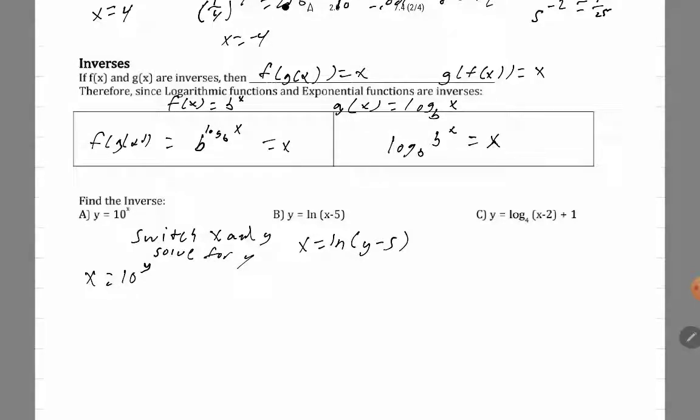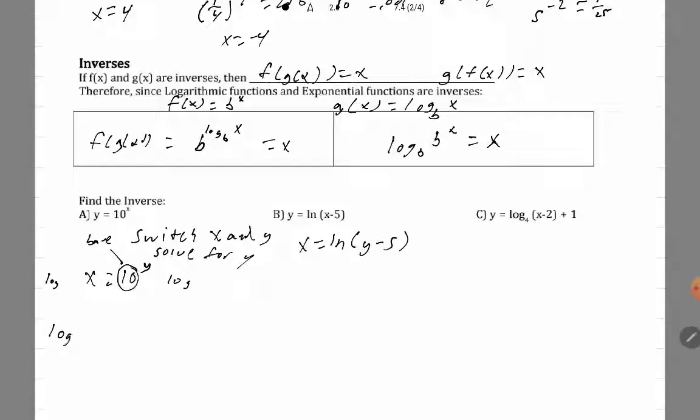So now we can use the inverse. Okay. So I'm going to take the log of both sides, and we use 10 as our base. So I'm taking the log of both sides.